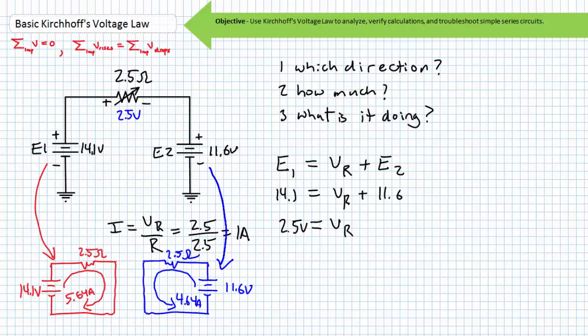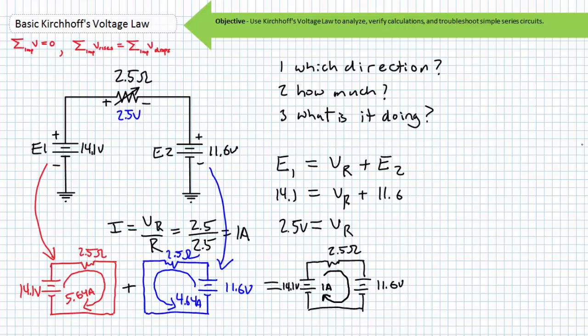There is no doubt that a 14.1 volt source opposed by 2.5 ohms of resistance would induce 5.64 amps clockwise, and an 11.6 volt source opposed by 2.5 ohms of resistance would induce conventional current of 4.64 amps flowing in the counterclockwise direction. Pause the lecture to check my work, I dare you.